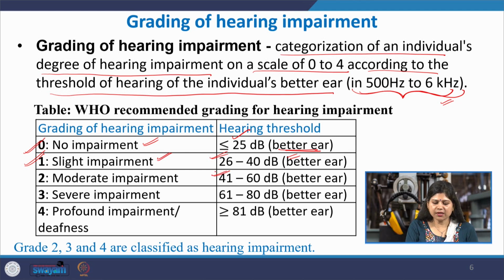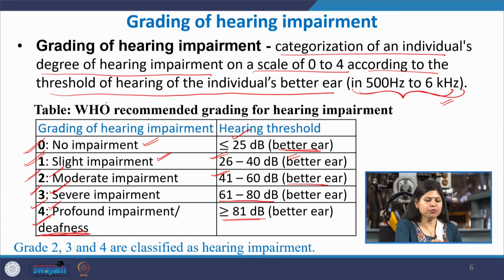Then 41 to 60 dB becomes grade 2, which means a moderate level of hearing impairment. 61 to 80 dB means severe hearing impairment and is given grade 3, and greater than or equal to 81 dB means the person has gone completely deaf, which we call profound impairment or deafness, and is given a grade of 4. This table can be remembered and is the WHO recommended grading.